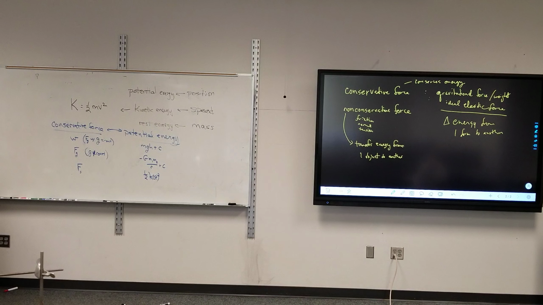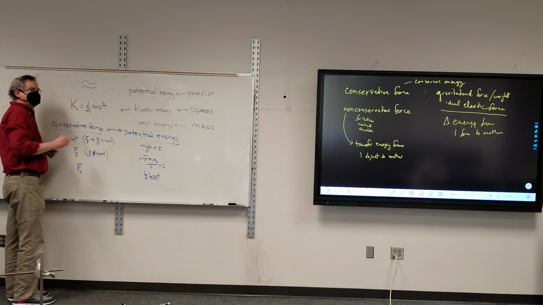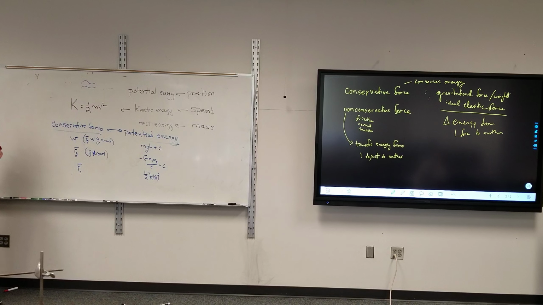All right, questions up to here? Yes? In the tiny letters next to the formula for weight, what's next to G? The little g. That's two squiggle lines to represent approximately. Okay. Now what are the letters next to that?